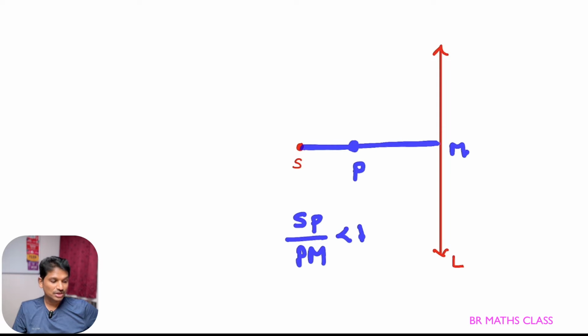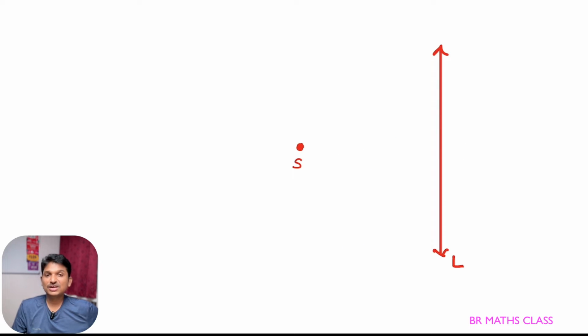So you need to find all such points. Suppose the next point, if I take here, SP by PM is constant and less than 1. So what is the definition of ellipse? The set of all points in a plane such that the ratio of its distances from a fixed point and a fixed straight line is constant and that constant is less than 1 is called an ellipse.